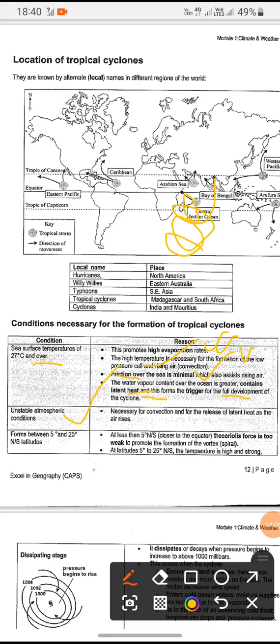So this unstable atmosphere is necessary for convection and for the release of latent heat as air rises. It forms between 5 and 25 degrees north and south latitudes.